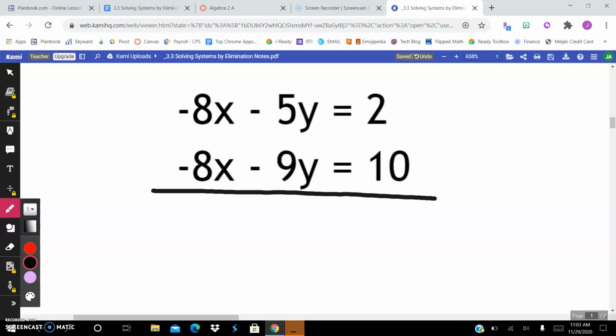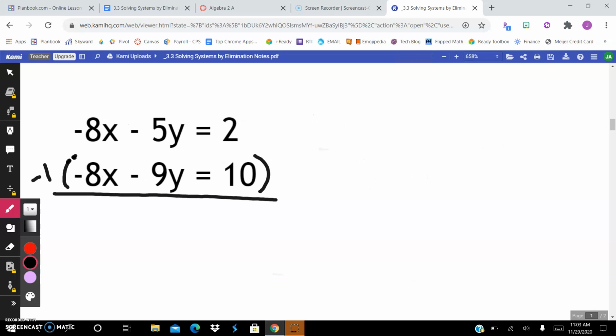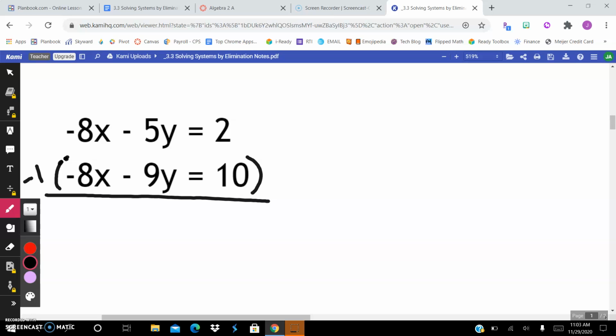The other thing that I could do is go through and multiply everything here by -1. What that does is change all of our signs to the opposite. So we're going to keep the top one the same, not going to change anything.